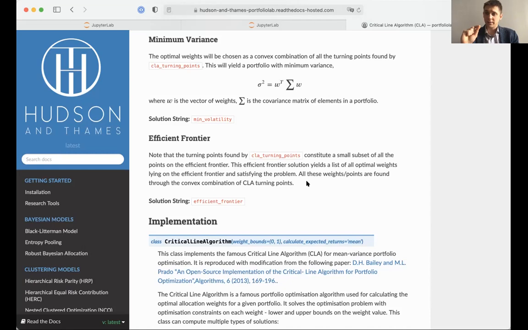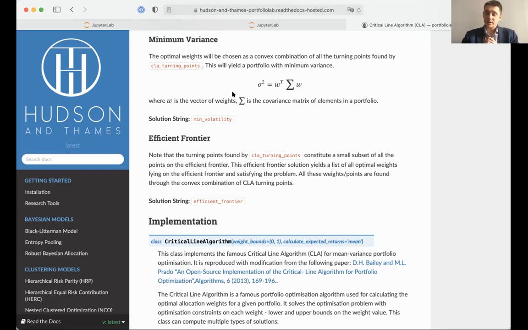In this case, the algorithm yields not only the solution, but rather the whole efficient frontier values for you, which can be used in your further analysis. So now we have discussed how Portfolio Lab is used to create optimization solutions in mean variance type of problems and the critical line algorithm.